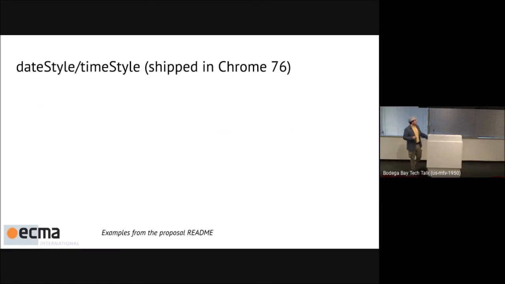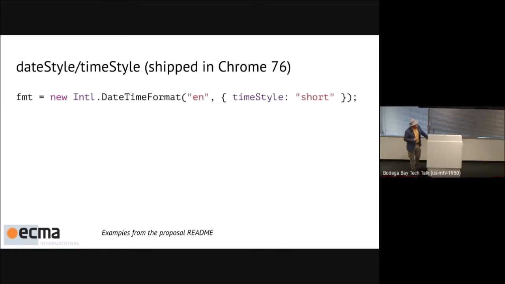Here's one that is also shipped in Chrome 76: dateStyle and timeStyle. This basically lets you customize the length. When I was doing toLocaleDateString earlier, it was always sort of the compact version, but maybe you want the more expanded version that spells out the month names.